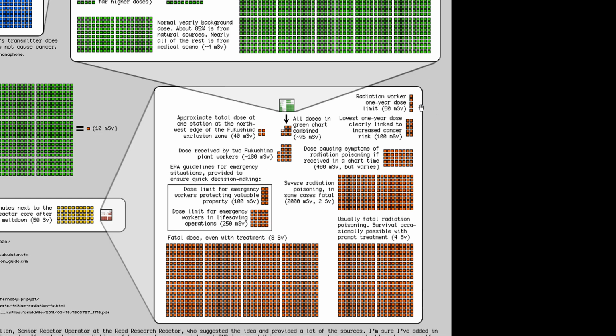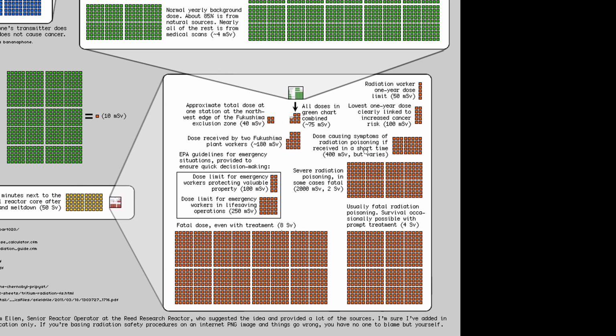There are radiation worker limits here. For a 1-year dose, it is 50. The lowest 1-year dose clearly linked to increased cancer is 100. So you can imagine 50 is half of what is linked to cancer, so that is a safe level.